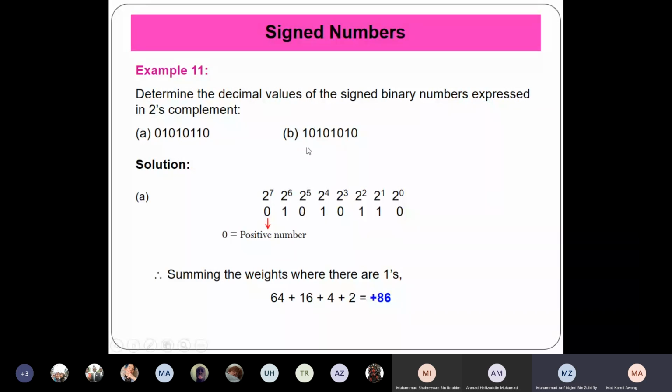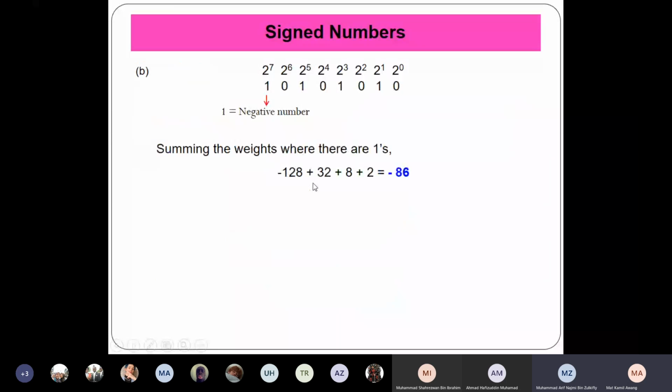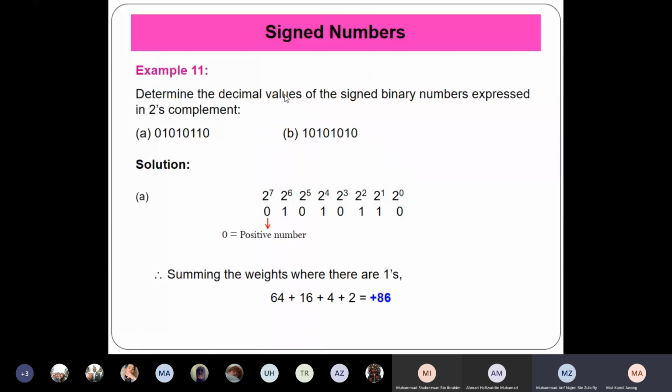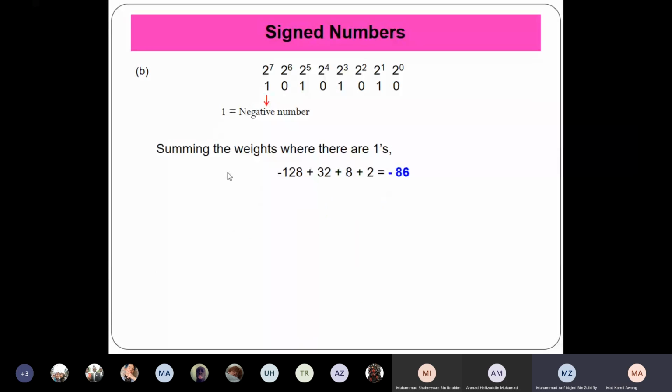And for this number, it's a negative number because the sign is 1. So 0, 1, 0, 1, 0, 1, 0. So this is actually a two's complement. So the way they do it in this example, they just sum everything. 0, 1, 0, 1, 0, 1, 0.